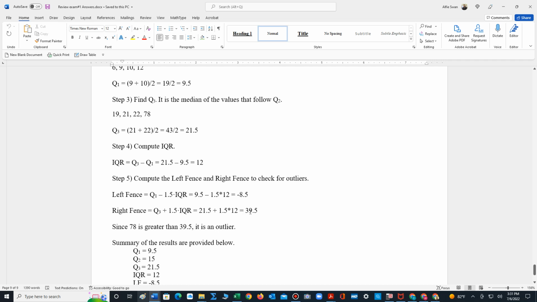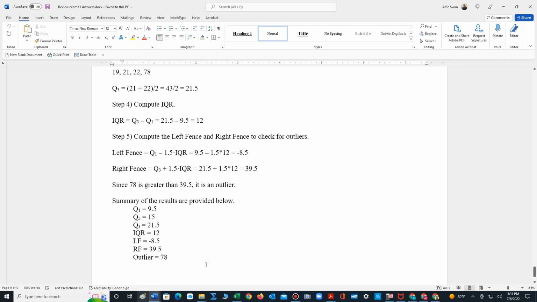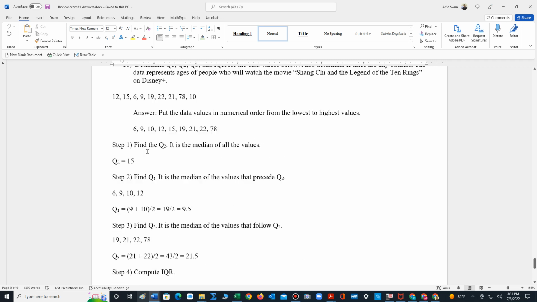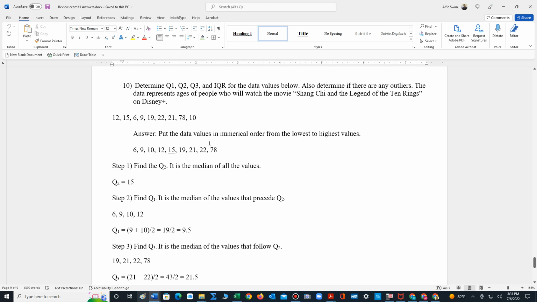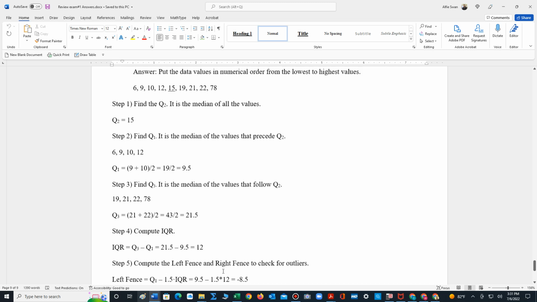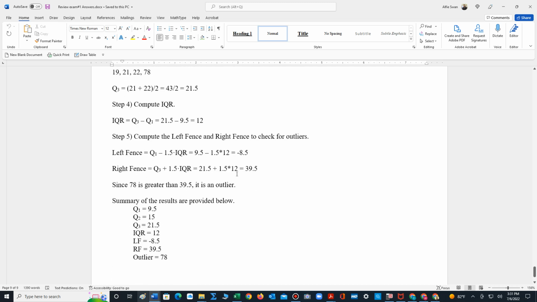That's 39.5. If we look at our data values, the left fence is out in this area here, so there are no outliers on the left side. But 39.5 is a fence that is between 22 and 78. So 78 is outside our fence.